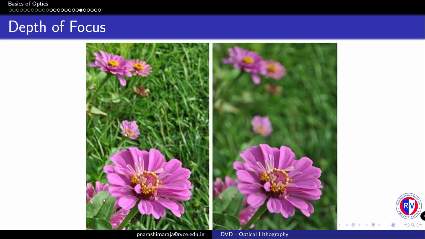While doing so, if the depth of focus of the lens is less, then the exposure on the shallow regions will not get properly polymerized, thus reducing the resolution. So in general you need a higher depth of focus in order to have the proper exposure.